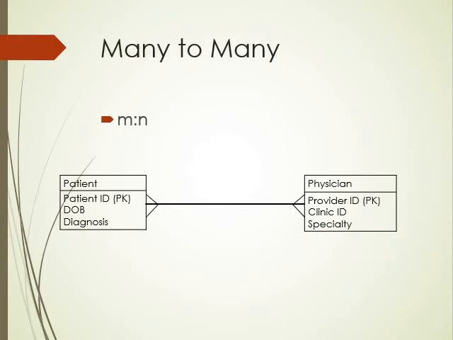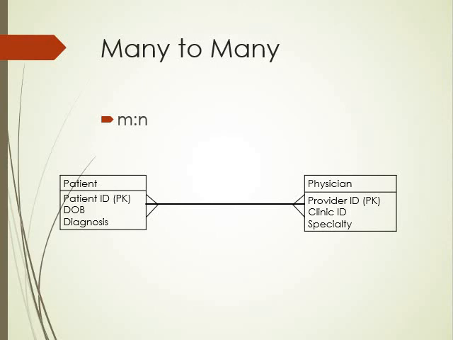The last relationship we'll discuss is the many-to-many relationship. And in this case, the entities have many relationships to each other. So for example, patients can have many physicians and physicians can have many patients.